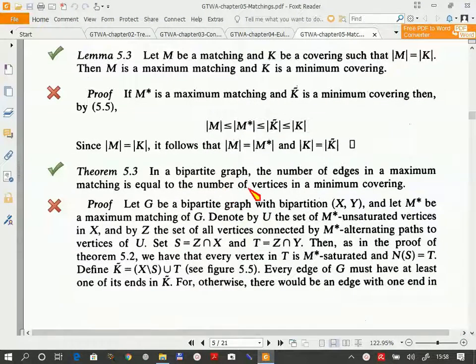And in a bipartite graph, the number of edges in a maximum matching is equal to the number of vertices in a minimum covering, okay? So in a bipartite graph, we actually get equality, and here the strict inequality holds exactly because that is not a bipartite graph.